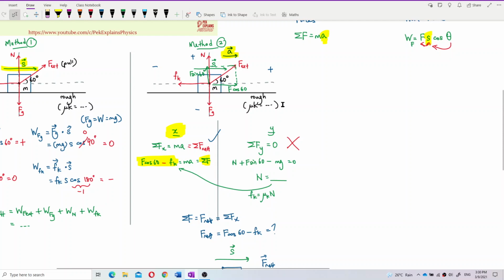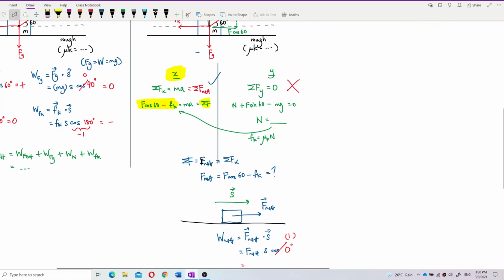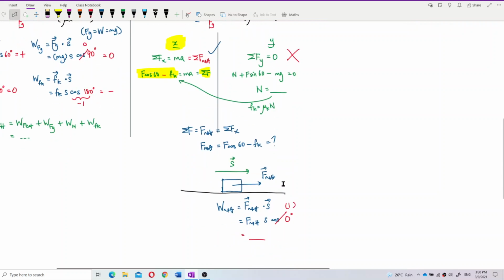Like a horizontal surface, normally the net force is in the x component. So you find the net force in the x component, and if the net force is already in the x component, then theta normally becomes 0.